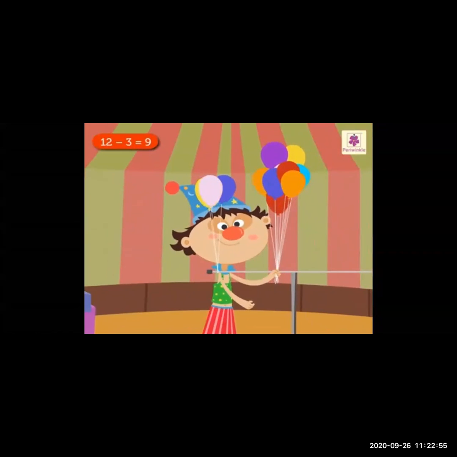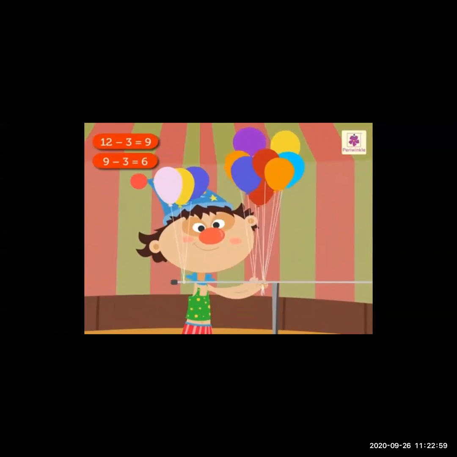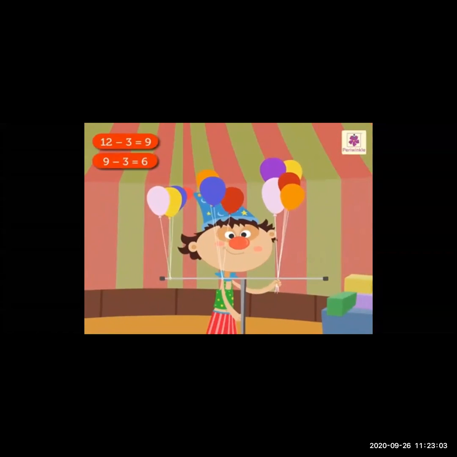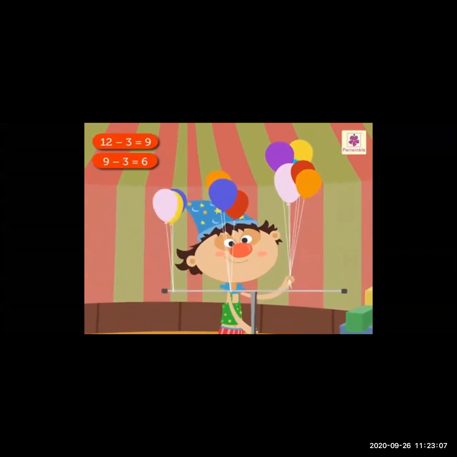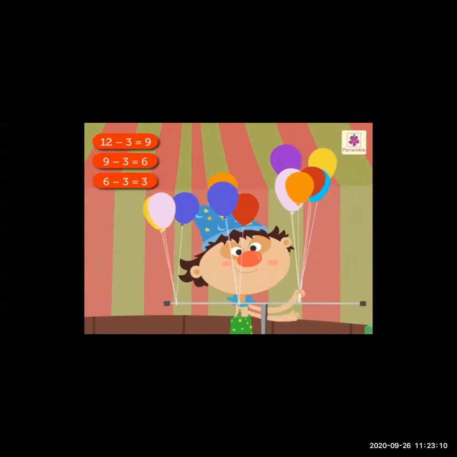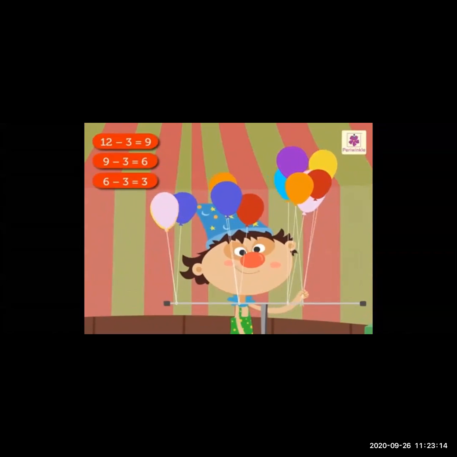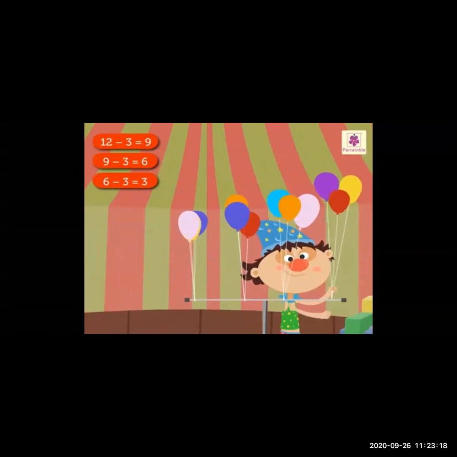Yes, students, it is clear. Watch it properly. 3 more balloons from 9. So, he is left with 6 balloons in his hand. One more time, he ties 3 more balloons from 6. He is left with 3 balloons in his hand.